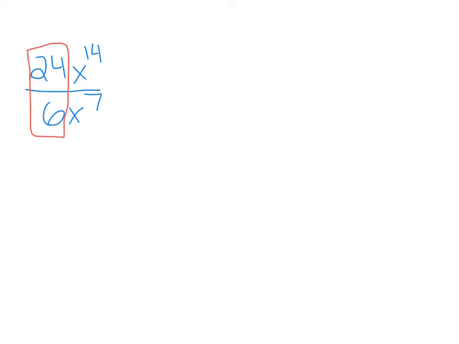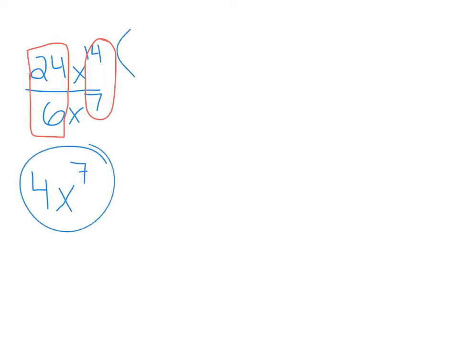So 24 divided by 6, you just divide like any normal division. So that is 24 divided by 6 is 4. And then the properties of exponents tells you to do 14 minus 7. So that becomes x to the power of 7. And that's it.